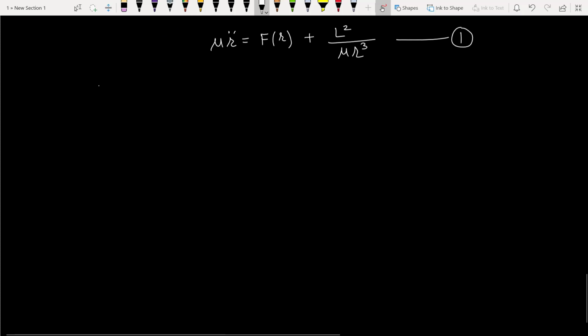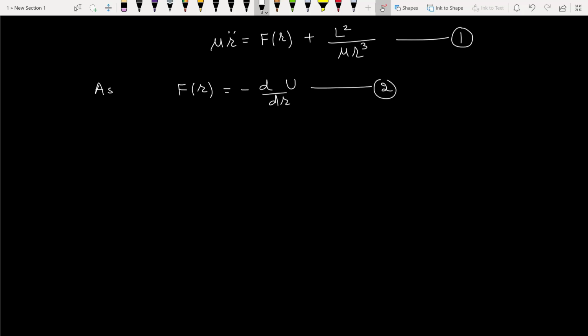As we know, Fr is the gravitational force between the two masses, and it can be written as the negative gradient of gravitational potential energy. Our main emphasis is on the other term. To solve it we take d by dr of L square upon mu r square.